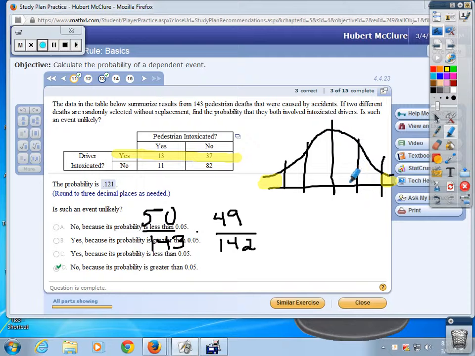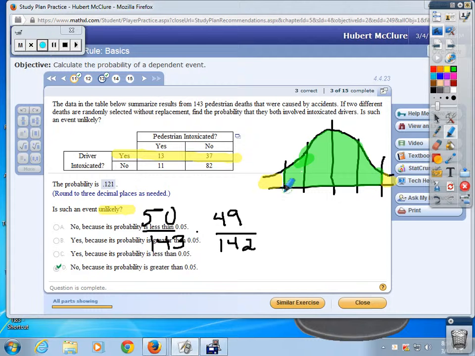If I'd have drawn this picture and changed this word to unusual, then you look at this and you know. Let me explain. This right here, according to your empirical rule, what's the green area? Normal or usual. The yellow is unusual.